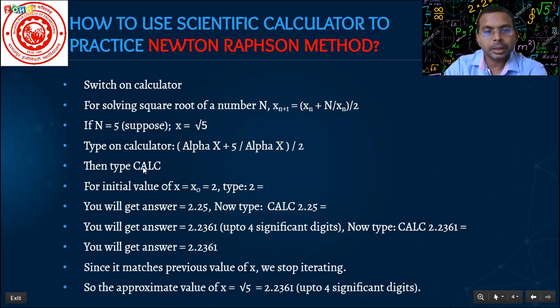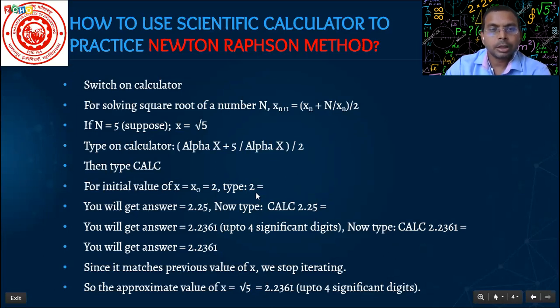Then we press the calc button and give the first initial value, and whatever value we get after typing the equal sign, we press calc again and give the previous value. Likewise we do this until we get the same value, and that becomes the correct answer for the square root of 5.